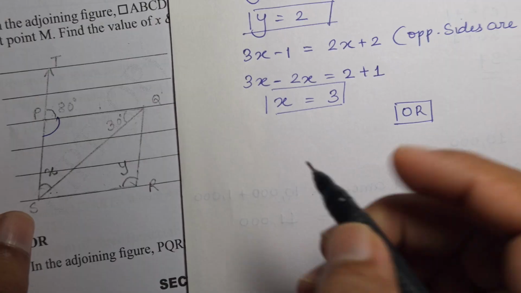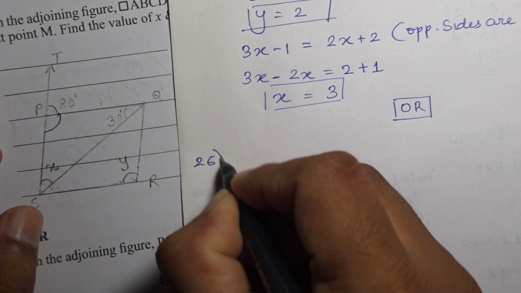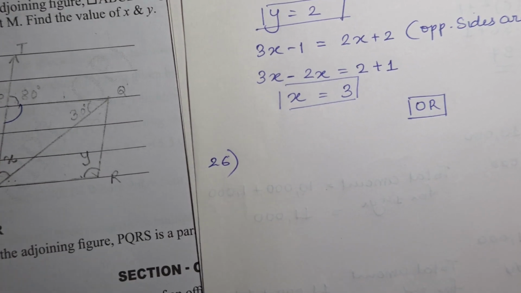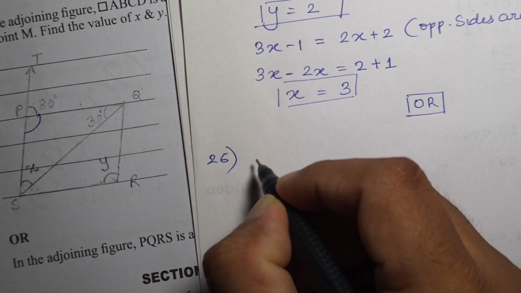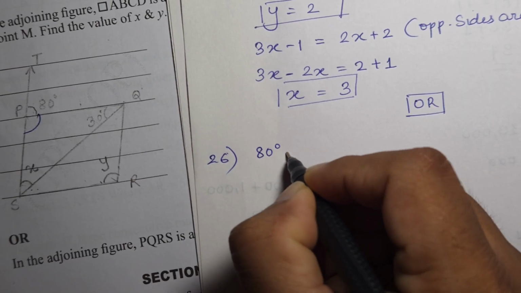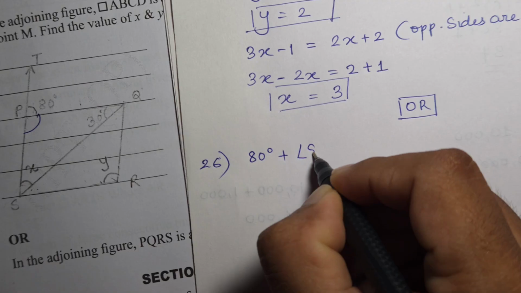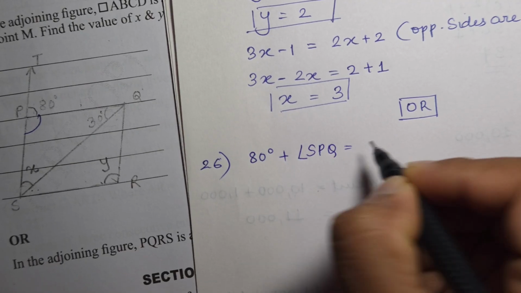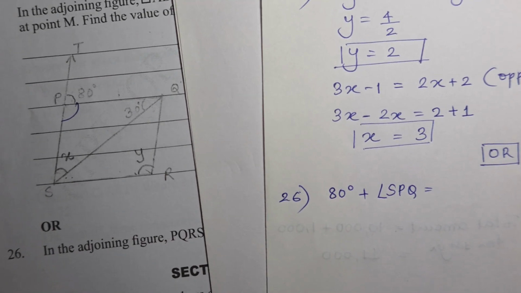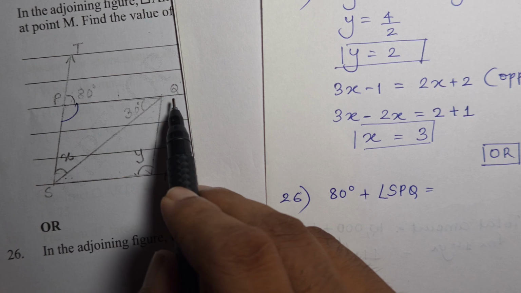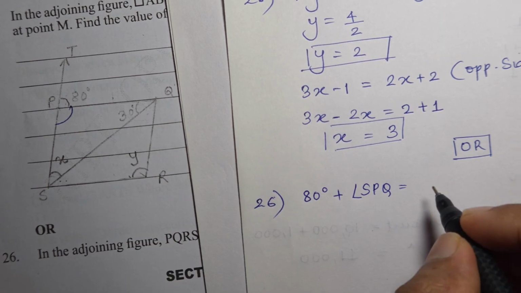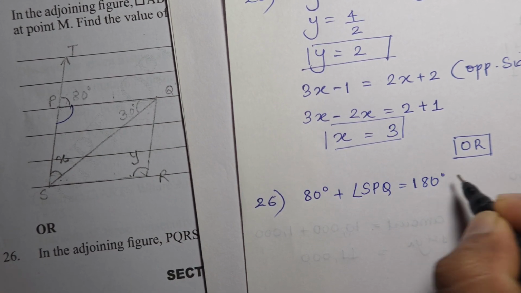Yes, so I'll write the same thing again. Okay, so this is the optional question 26. So what will I write is 80 degrees plus angle SPQ, which I don't know, is equal to 180 degrees. Why so?